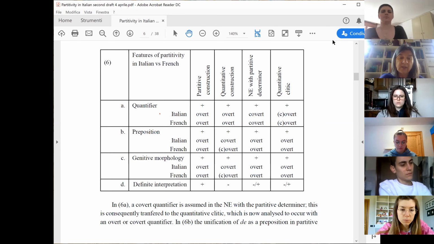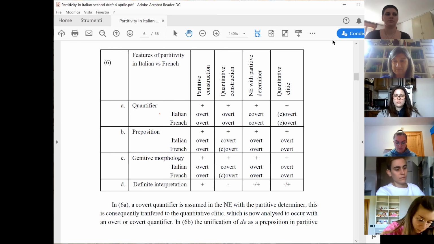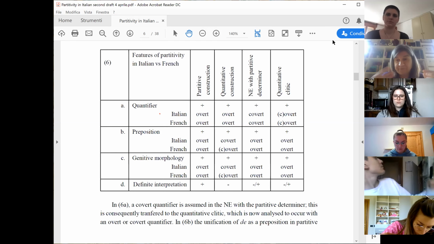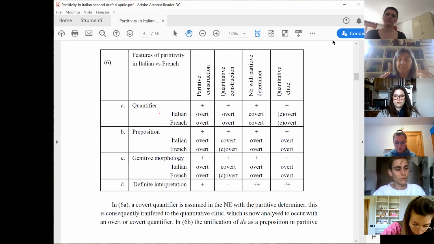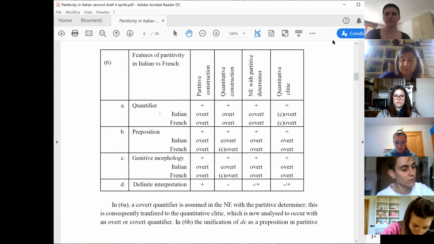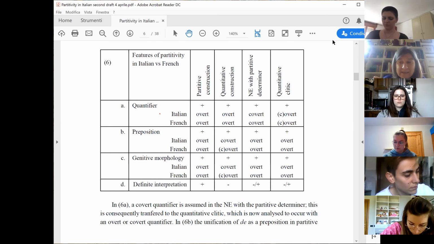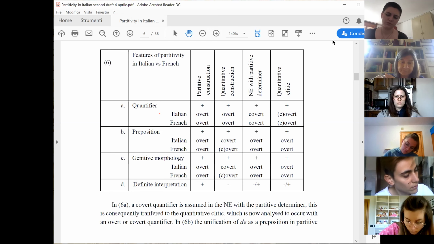The genitive morphology, in fact, is the preposition, because in Italian and French we don't have genitive case. So we have genitive morphology expressed by the preposition with noun phrases, and on the clitic, which is the residue of case morphology. So again, across the board.